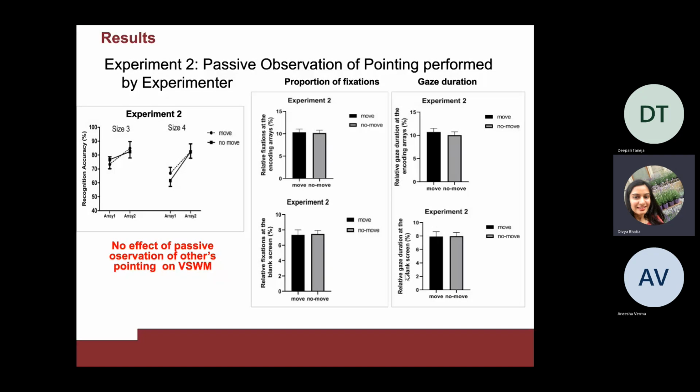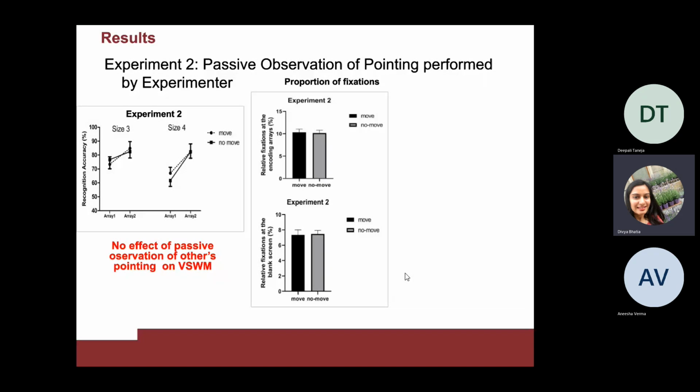I don't remember if that effect was there, because I combined the array 1 and array 2 accuracy together. Perhaps it will be there; of course it will be the recency effect. It will be higher for array 2, which was presented right before the blank screen. That is the recency effect, so that will happen anyway.